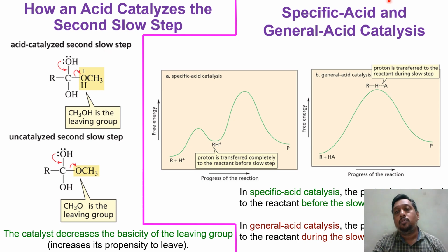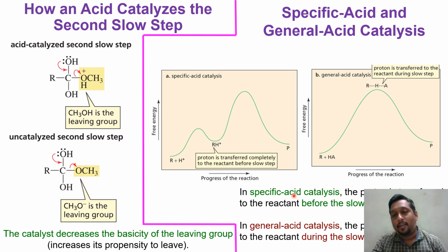Now we move on to specific acid and general acid catalysis. So far we were looking at an acid catalyzed reaction. Further, acid catalysis is classified as specific acid and general acid catalysis. Let us look at what specific acid catalysis is. The proton is transferred to the reactant before the slow step.